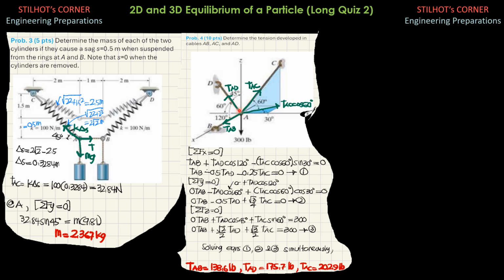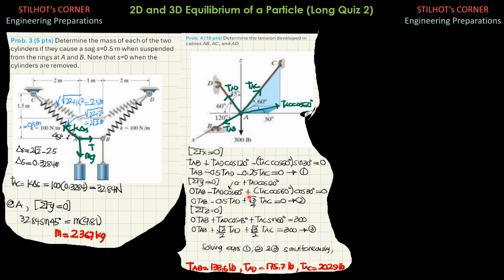It is either negative tension AD cosine 60 or plus tension AD cosine of 120 degrees, where 120 degrees is the angle that vector AD makes with the positive y-axis. So 180 degrees minus 60 degrees is 120 degrees. You can replace negative tension AD cosine 60 by positive tension AD cosine 120 degrees instead, whichever is convenient to you.